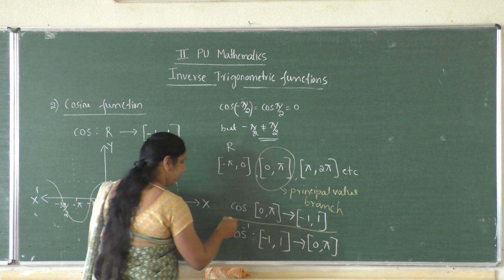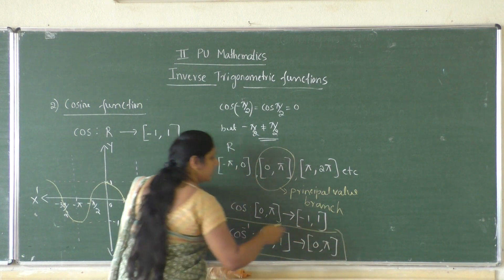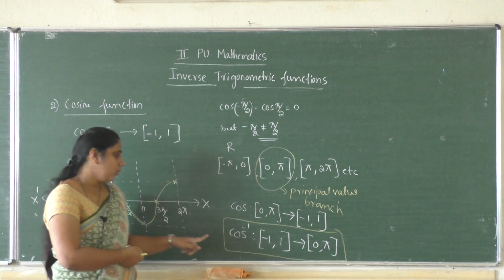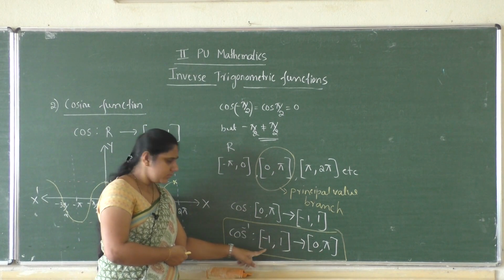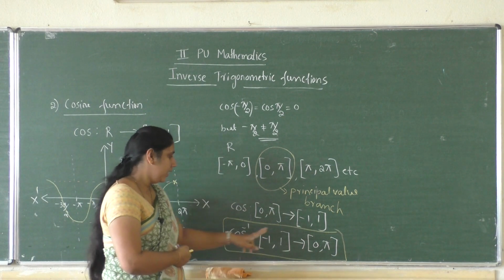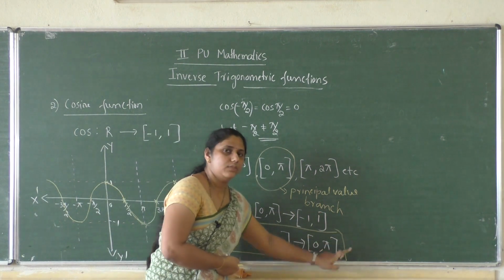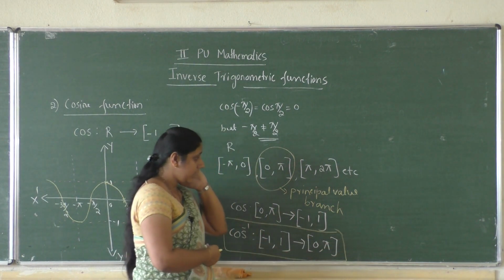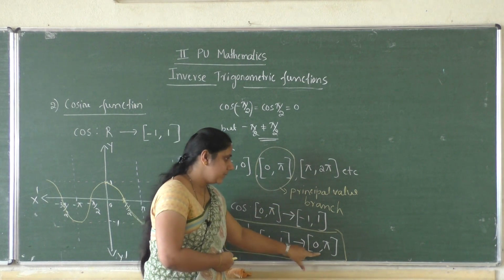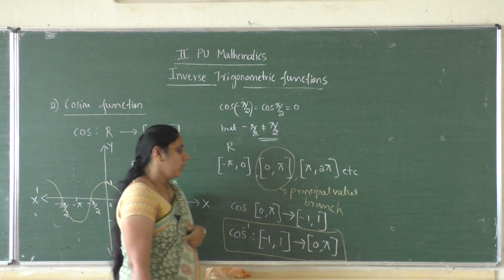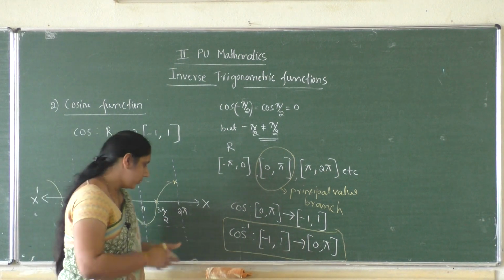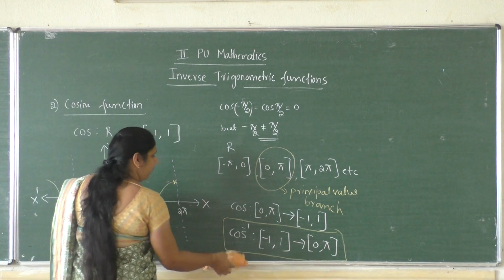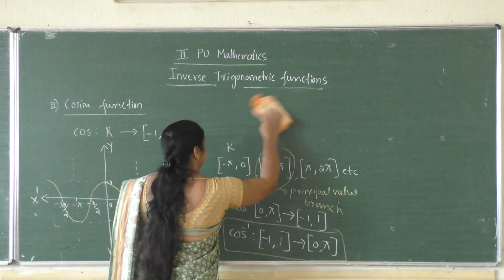So this is important. One more question: what is the domain of the cos inverse function? The closed interval -1 to 1. What about the range? The closed interval 0 to pi. Or the question can be asked like this: what is the principal value branch? That is the closed interval 0 to pi. Is it clear?